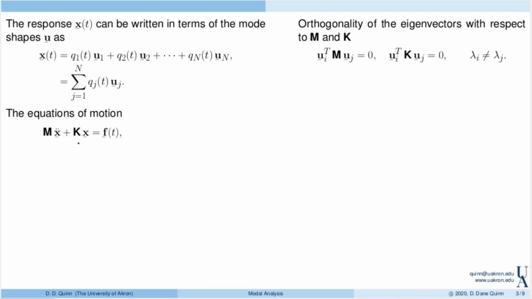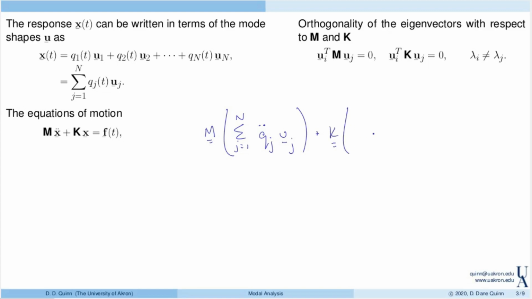So I'll take this and I'll substitute it into the equations of motion. Essentially we end up with M times the sum from j equals 1 to n. Now we're taking the second derivative, so we have q double dot. Remember, the mode shapes are constant. Only the modal coordinates depend on time.